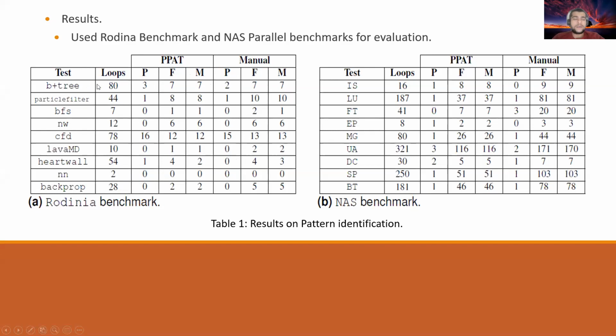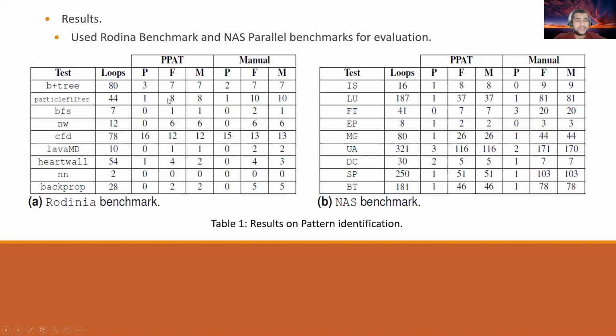If you look at the first one, PPAT has identified 3 pipeline, 7 farm, and 7 map. On the other hand, manually, the developer was able to identify only 2 pipeline, 7 farm and 7 map patterns.